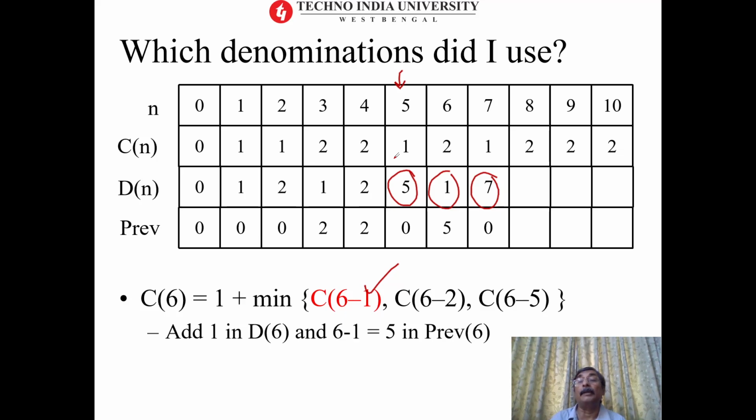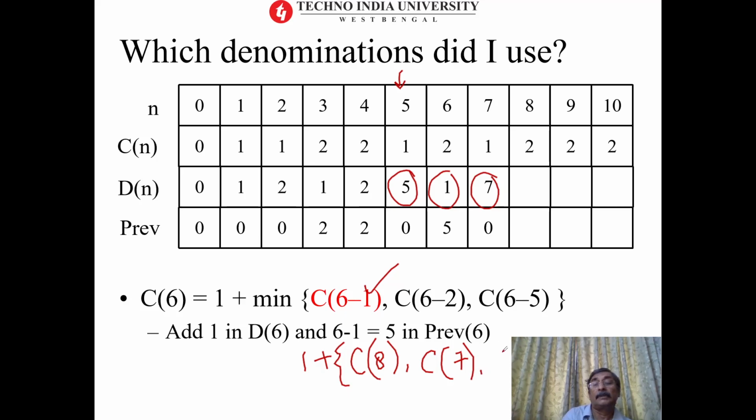Assume that I want to find out the coins used in 9. So what is C9? C9 is 1 plus C of 9 minus 1, that is 8, C of 9 minus 2, that is 7, and C of 9 minus 5, that is 4.